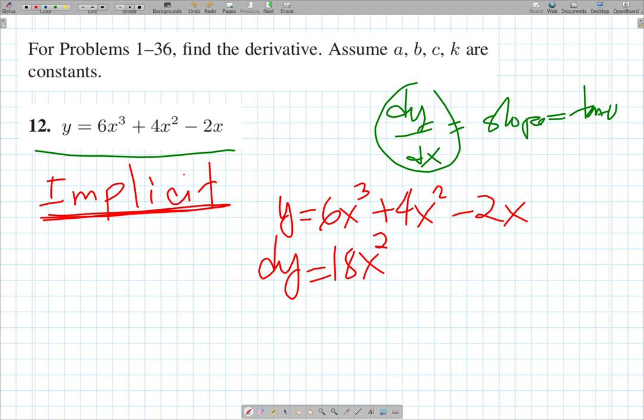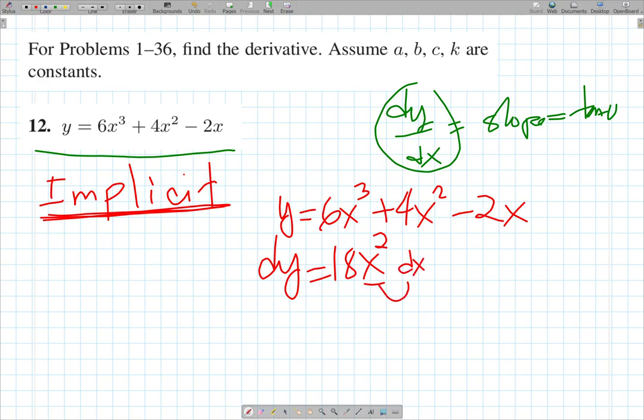Okay, let me repeat. Derivative of 6x cubed, 3 times 6 is 18. Then copy x, and then 3 minus 1, that's the rule of derivation, is 2. So 18x squared. Then the derivative of x, we add the smile, derivative of x is dx.